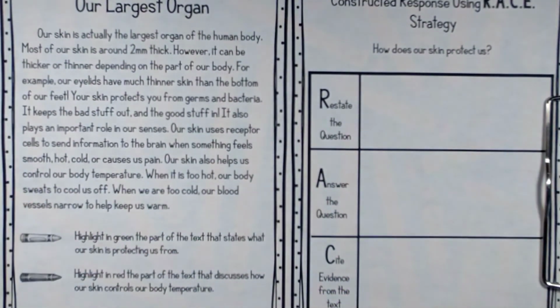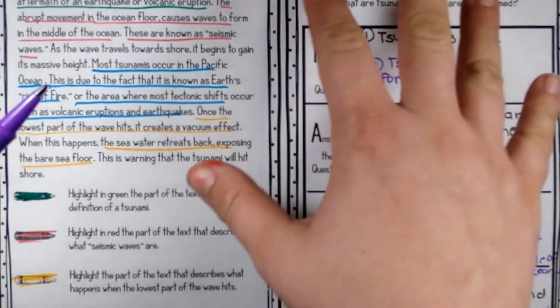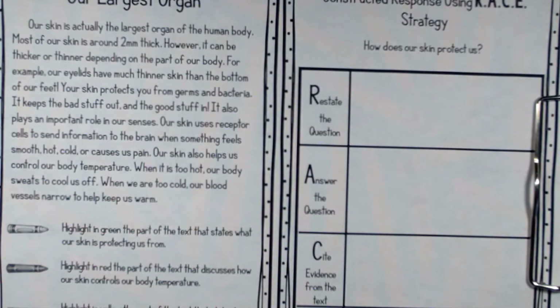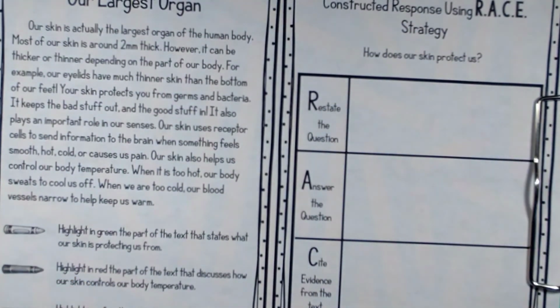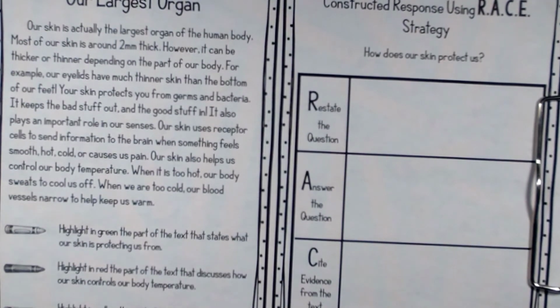So you are going to need green, red, yellow, and blue, just like this. And you can get 2 colors, just like I did here. If you want to use purple and black, the same 2 colors that you used before, it's fine. That's what I'm going to do. And you are going to do this.